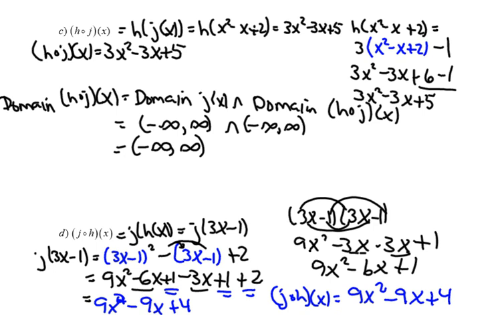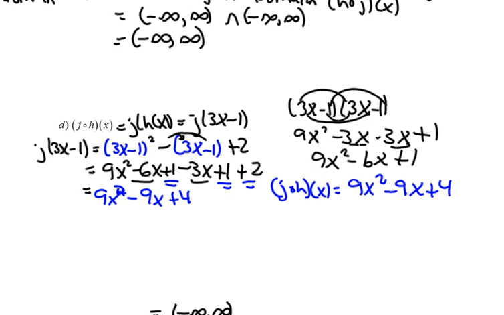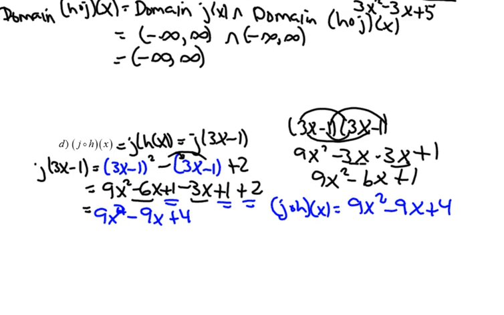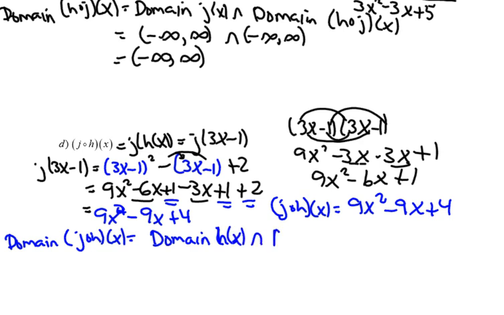All right, now let's take a look at the domain for this. So that's going to be the domain of h of x intersection with the domain of the final composed function.